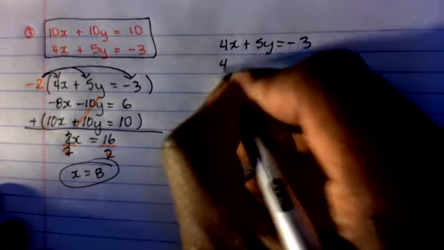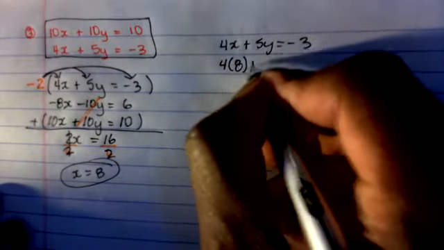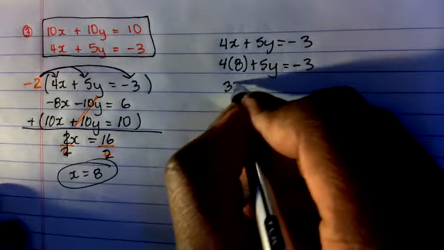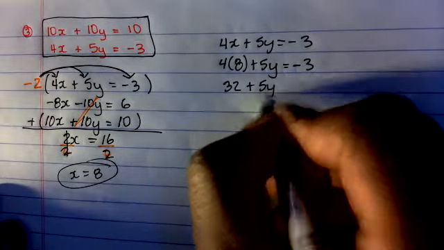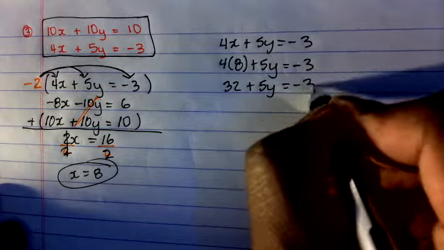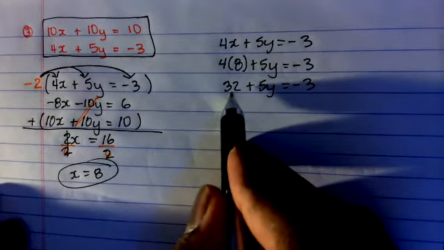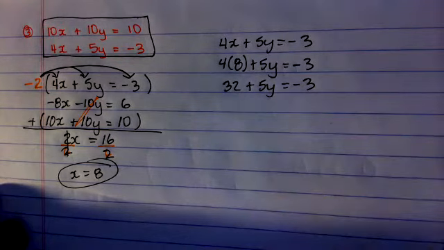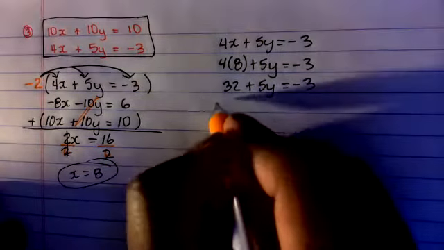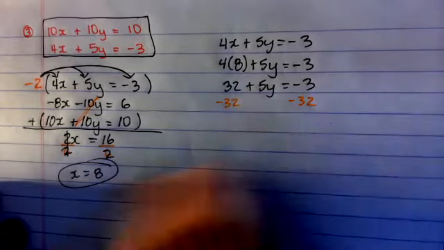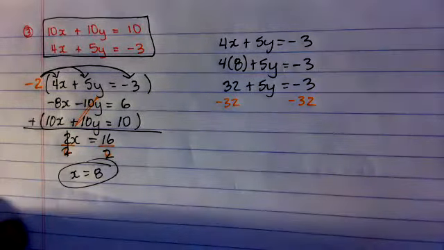So I have 4 times 8 plus 5y equals -3. 8 fours are 32, plus 5y equals -3. How do I solve for y? I need to get rid of the +32, so I'm going to subtract 32 on both sides.